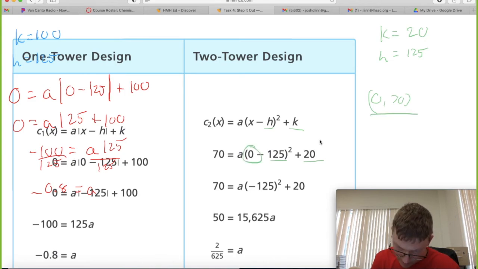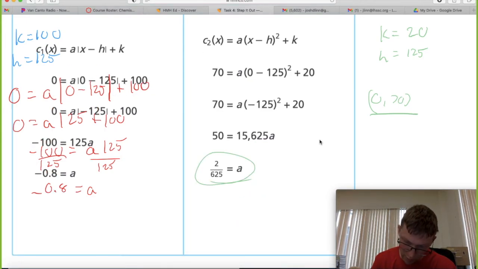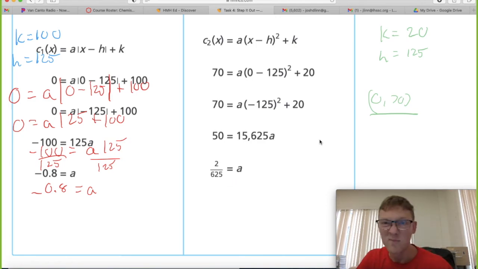So anywhere we saw an X, we put a 70. And then after that, we just did some algebra. So we squared that, got that number. Then we divided both sides by that number. And our A is equal to that. Yes, that's a really weird gross number, but it's math. Especially when you get into the real world, you never have nice numbers. So get used to it.